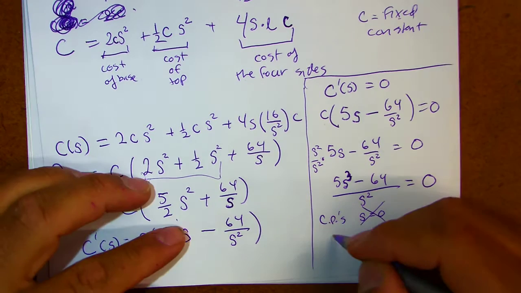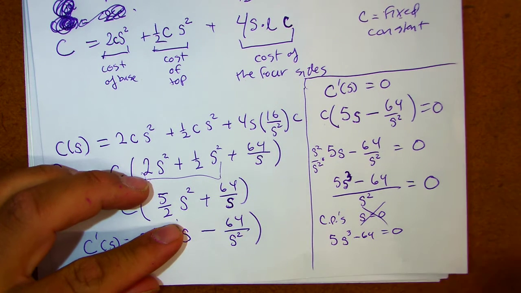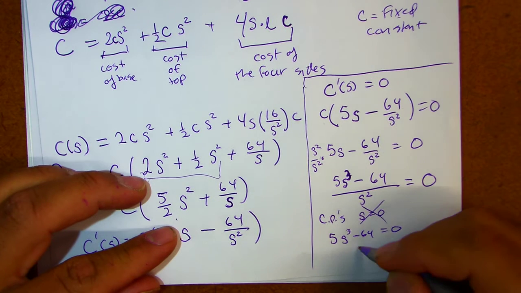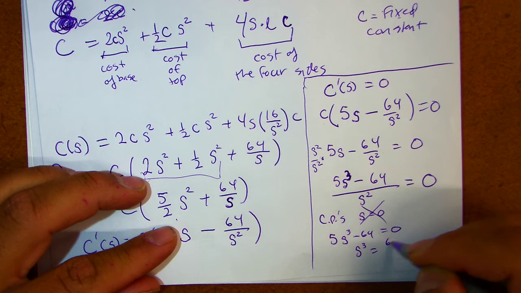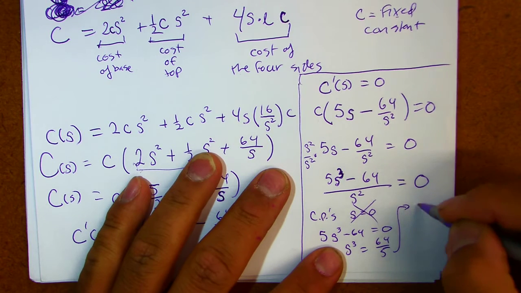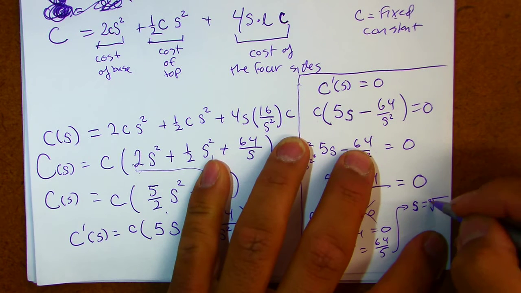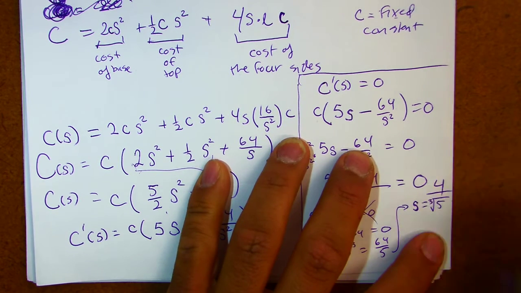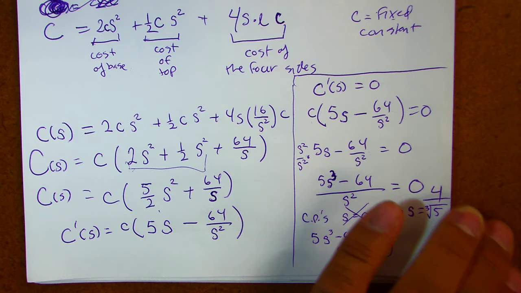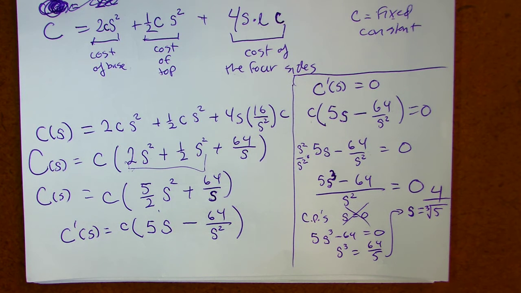So then I need to solve that, and that gives me S cubed equals 64 over 5, or the side would be the cube root of 64 over 5. All right.